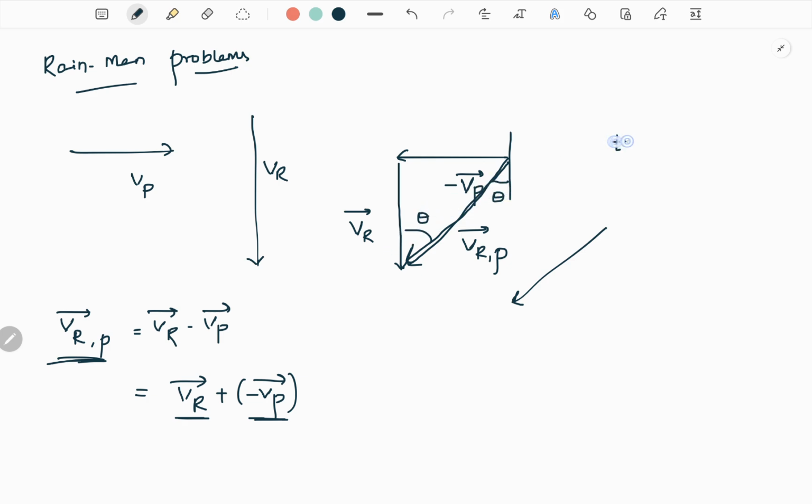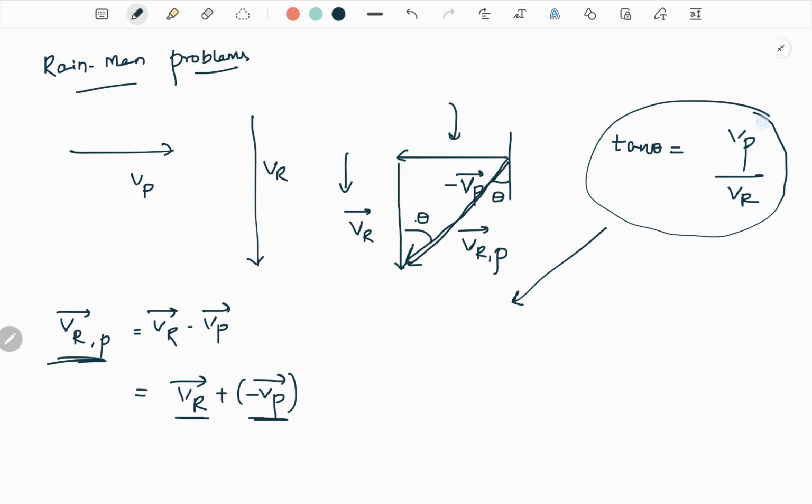At what angle with the vertical does the drop seem to be falling? That is theta. From the right angle triangle, as you can clearly see, tan theta is the opposite side, which has a magnitude Vp, divided by the adjacent side, which is Vr. So tan theta is equal to Vp divided by Vr.